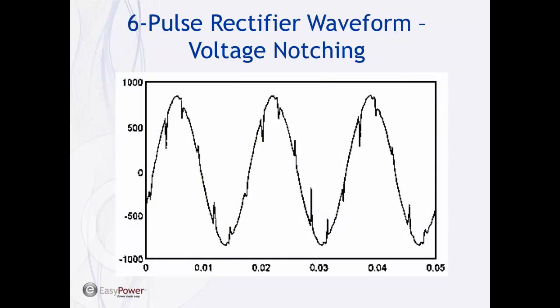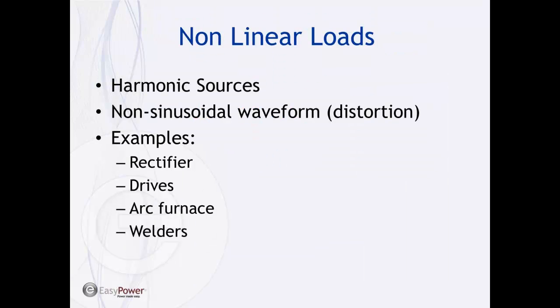For example, for a 6-pulse rectifier, the waveform of the voltage is going to look like this. And you'll see some notching. That is because of the commutation within the rectifiers. And so this is going to affect your performance in the power systems.